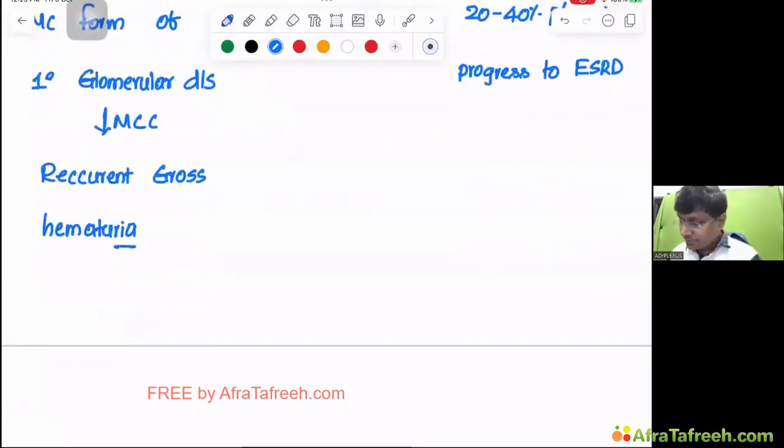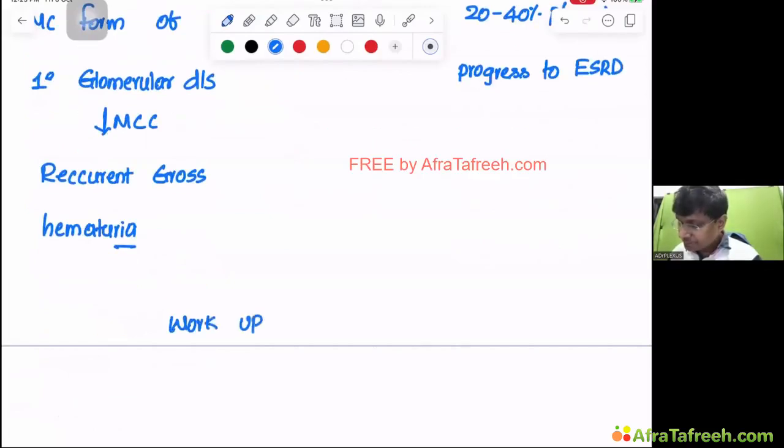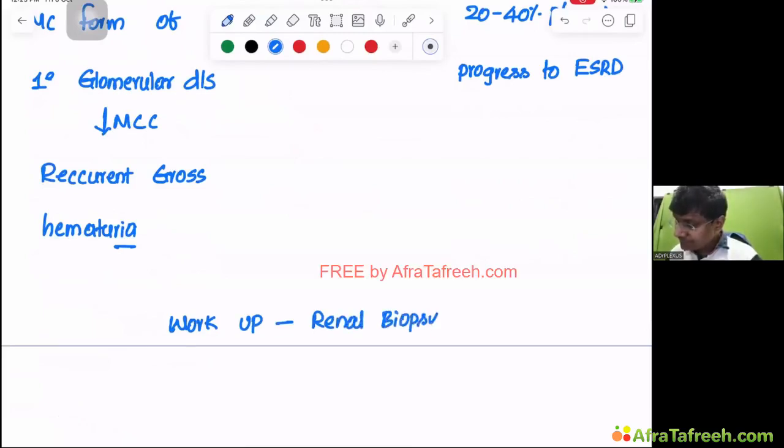And if you take the workup, that will be renal biopsy.